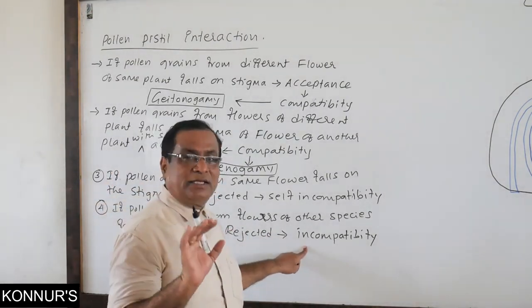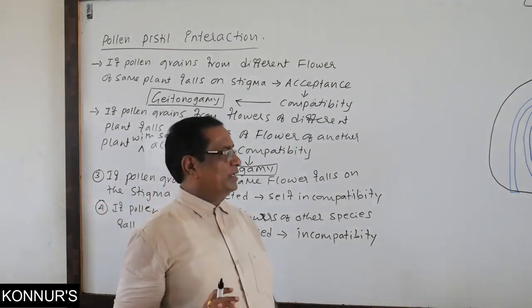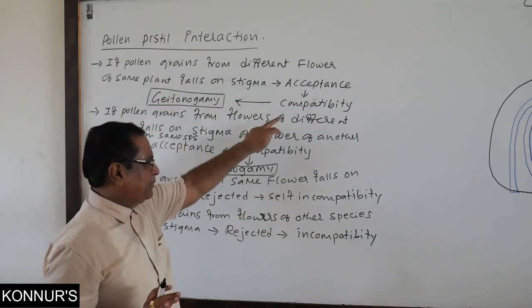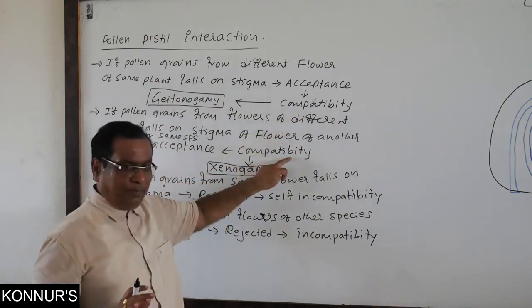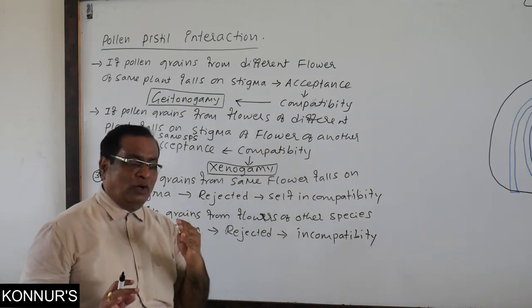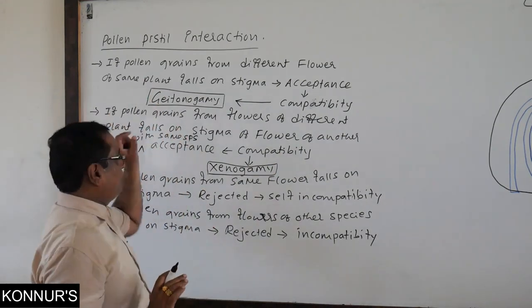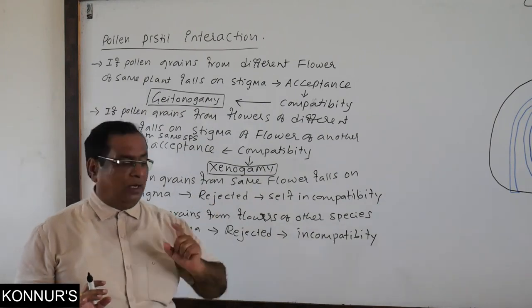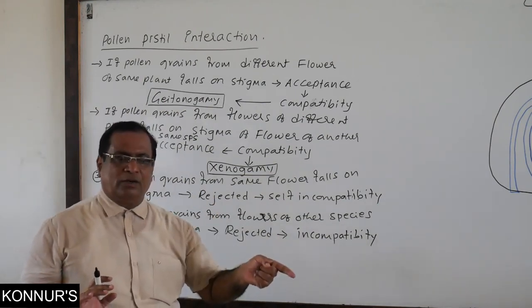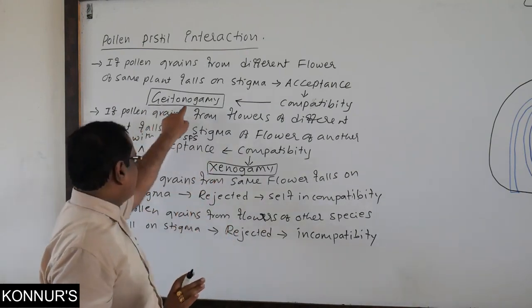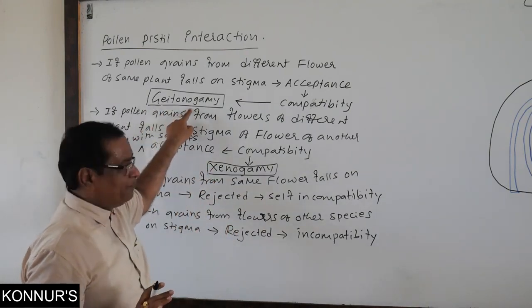And it is incompatibility. See here, whenever the pollen grains are accepted, that is compatibility. When are pollen grains accepted by the stigma? If the pollen grains are from another flower of the same plant, they are accepted, that is zytonogamy as well.